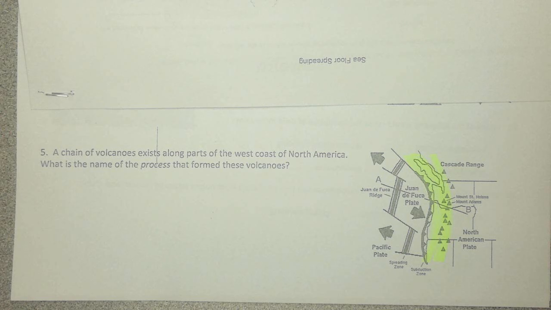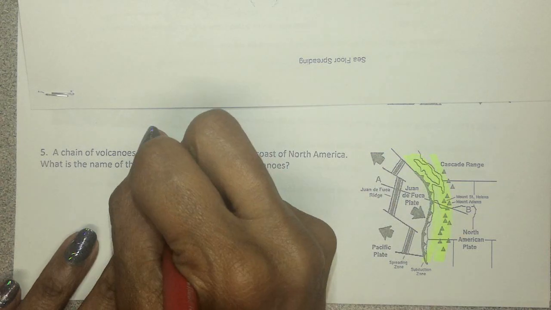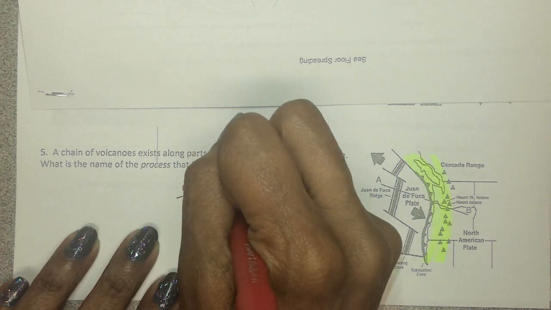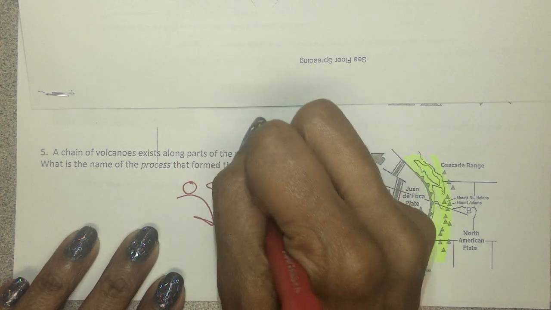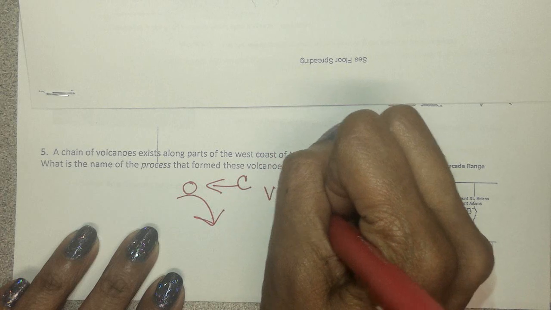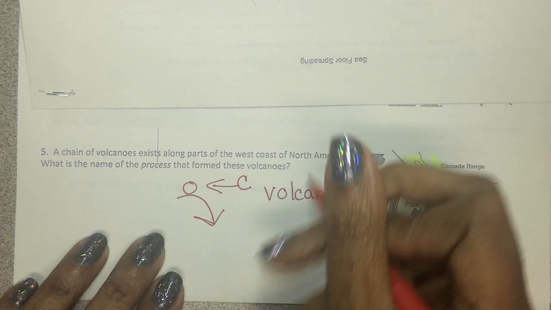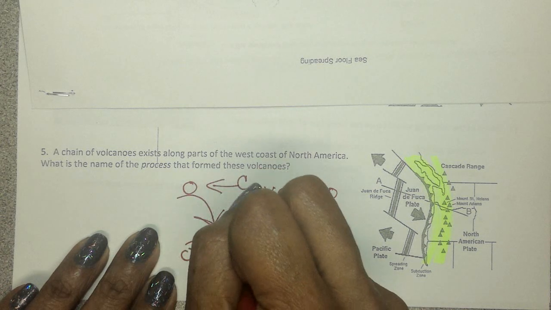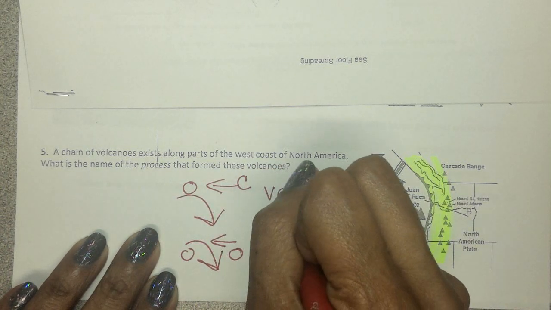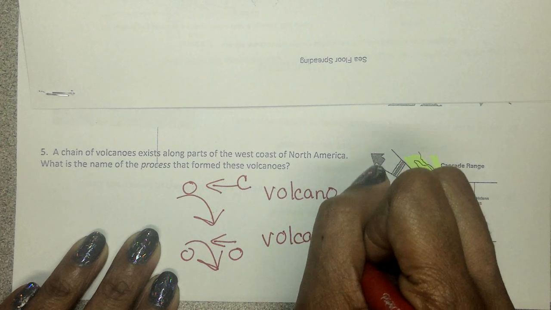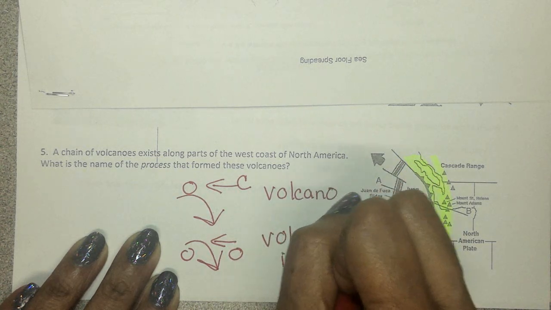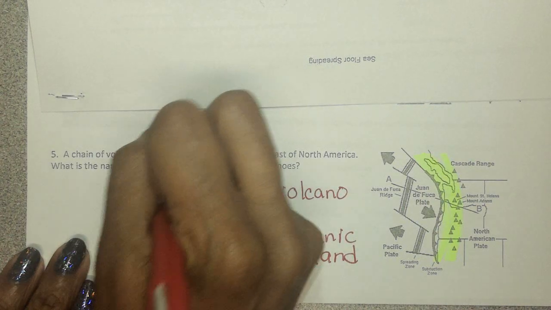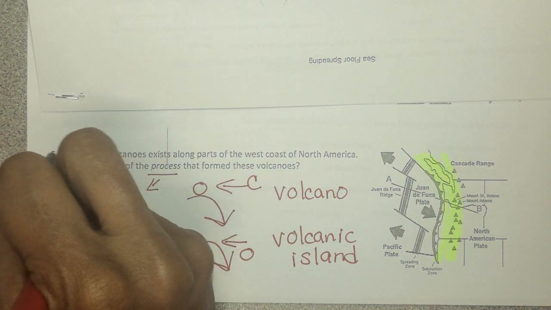Okay, so remember, a volcano forms when an ocean plate sinks under a continental plate. And then if an ocean plate sinks underneath another ocean plate, you get a volcanic island. So the process is subduction.